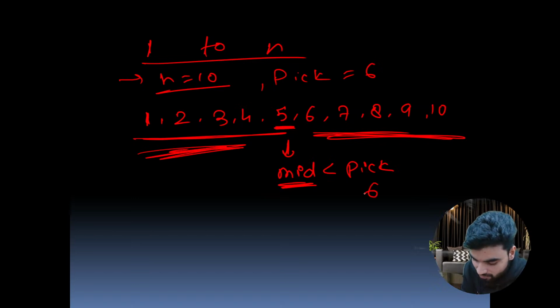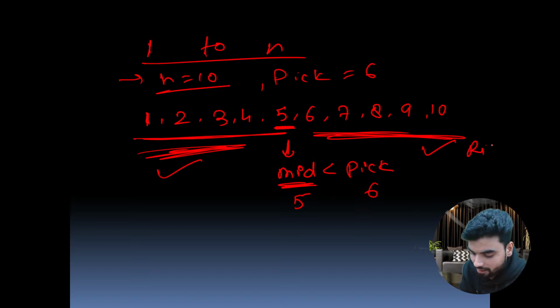If pick was 6 and you guessed mid was 5, the number will be on the right side or left side? Obviously the right side, because if the mid is less than the picked value of the computer, we'll search in the right part only. We will not search in the left one.